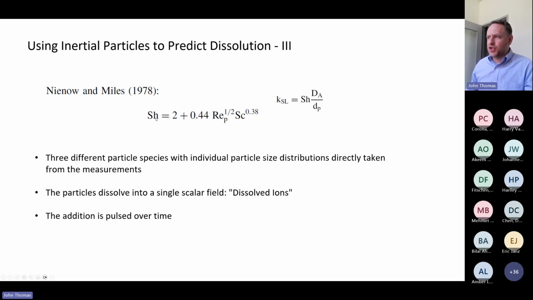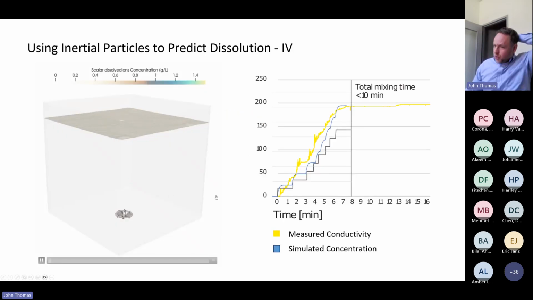In this case, described via Sherwood number or whatnot to recover kL, that described how mass was moving from the liquid through that diffusion sublayer, as it were, within the simulation. So again, just like EDR, this is a subgrid model. We need some sort of model that describes how mass is moving across that diffusion boundary layer. And this actually works quite well.